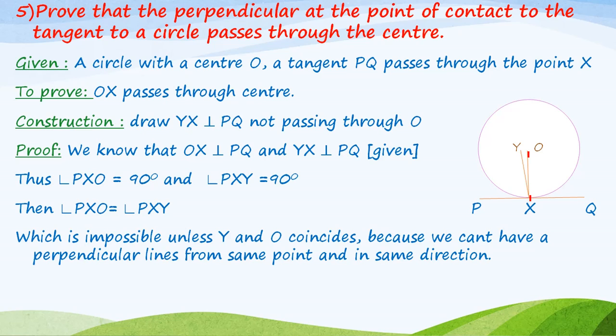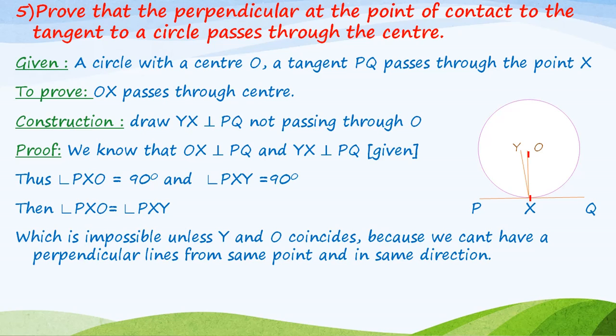Next, construction. Draw YX perpendicular to PQ, not passing through O. It is another point Y. YX is also 90 degrees. It does not pass through O. Next, proof.